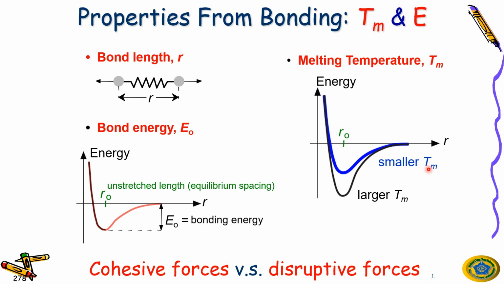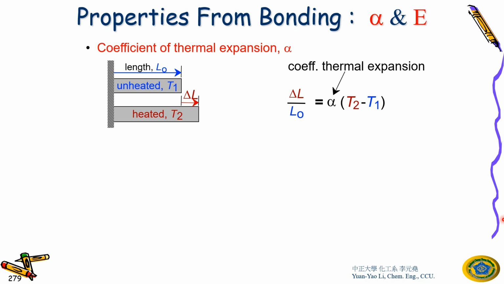So if I show you a Kahoot next week and ask you to rank the melting points of 3 curves, I'm sure you can tell me, right? If the bonding energy is larger, then you get a higher melting point. Okay, this is one property related to the bonding energy.